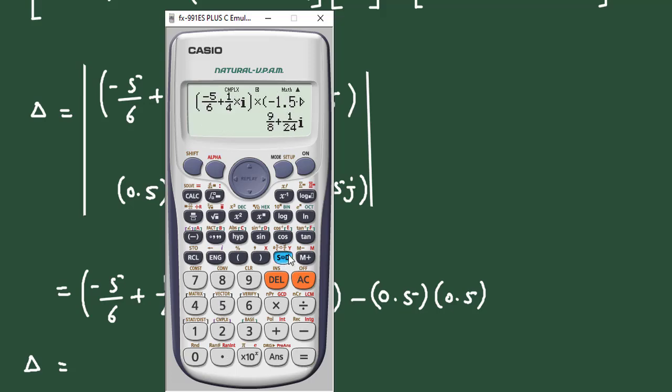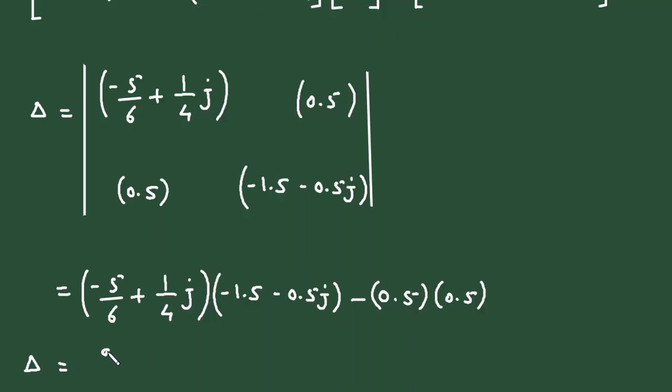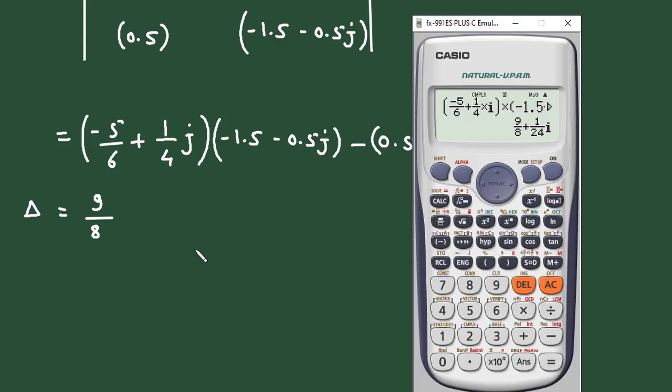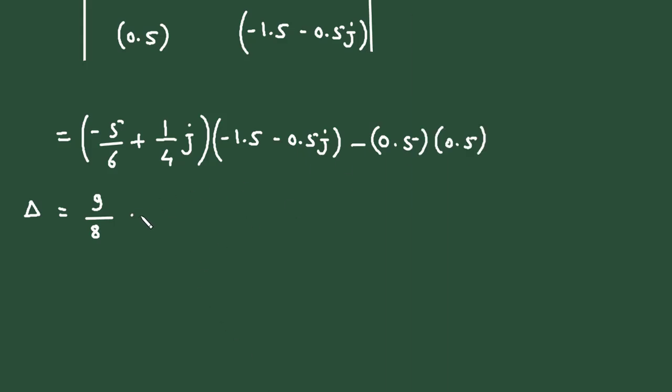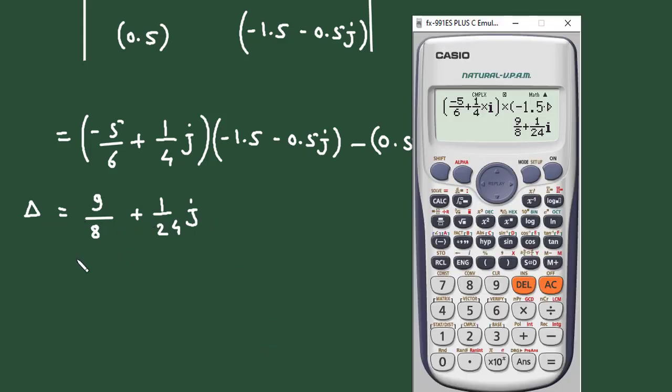So it is 1 point, or simply 9 by 8 plus 1 by 24j. So this is the answer for delta.